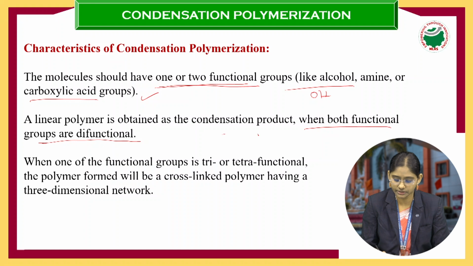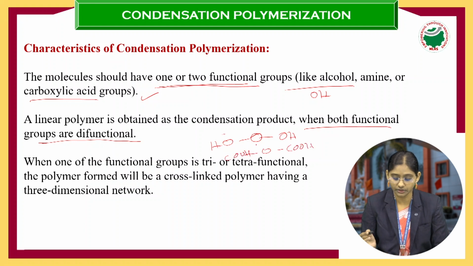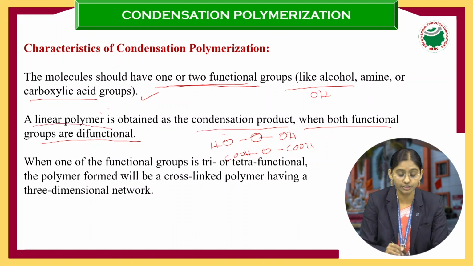Suppose it is one monomer. If both the functional groups are OH groups, or both the functional groups are COOH groups, that means they are similar, then in this condensation product, a linear polymer is formed.